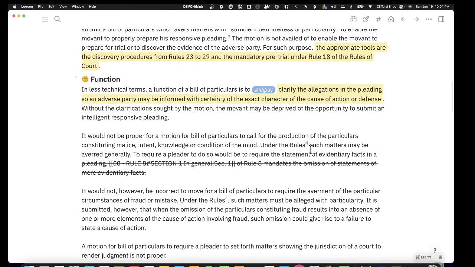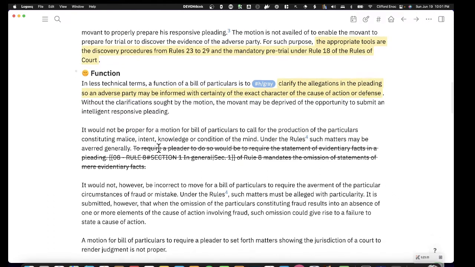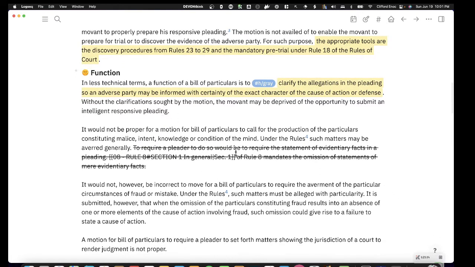Yun. Kasi ano daw, general, no? General lang or hindi siya particular. So, clarify the allegations of the pleading so an adverse party may be informed of the certainty of the exact character of the cause of action or defense. Without the clarification of the motion, the movant may be deprived of the chance to submit a diligent responsive pleading.